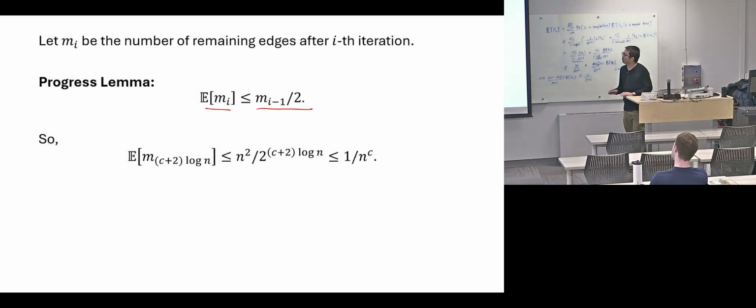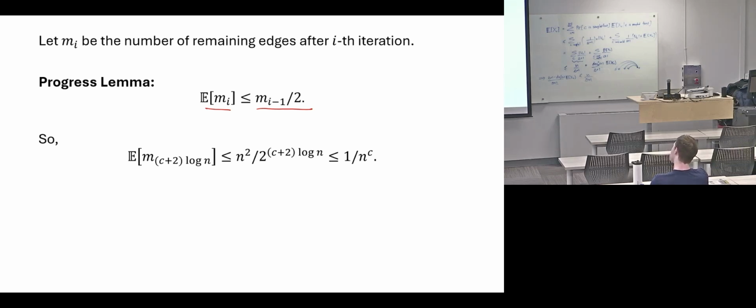So m_0 from the beginning is at most n squared. m_1 would be in expectation at most n squared over 2. m_2 would be at most n squared over 4 and so on. So m at log n is something like n squared over 2 to the log n.